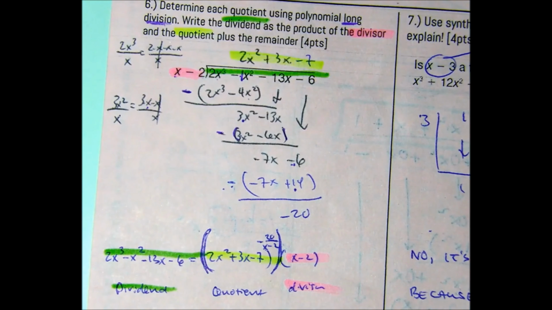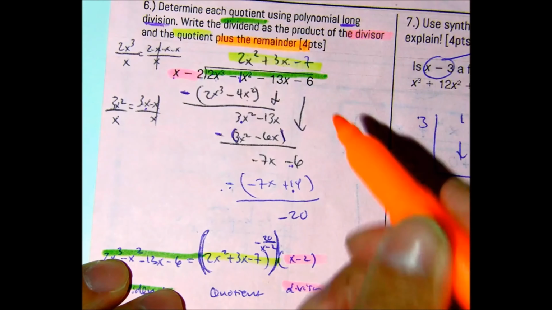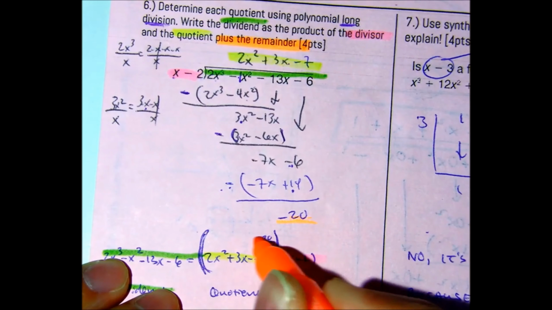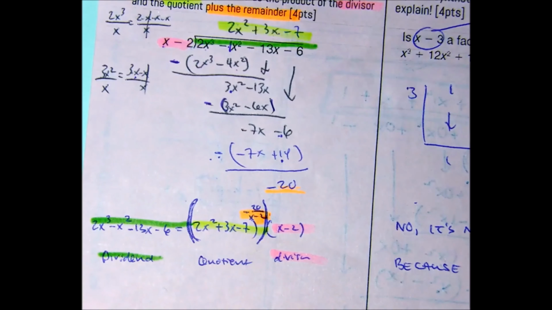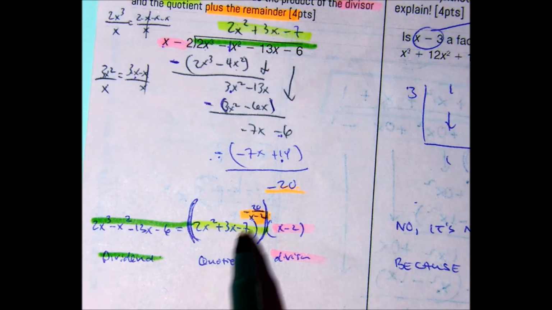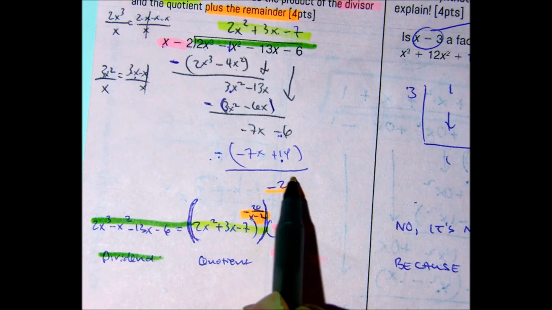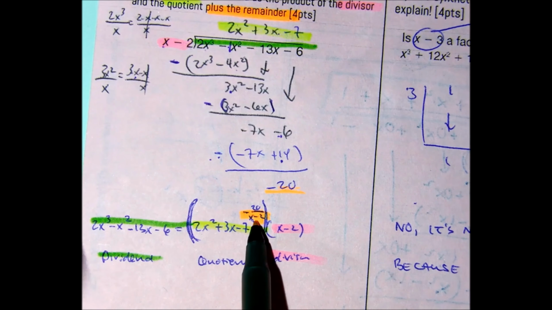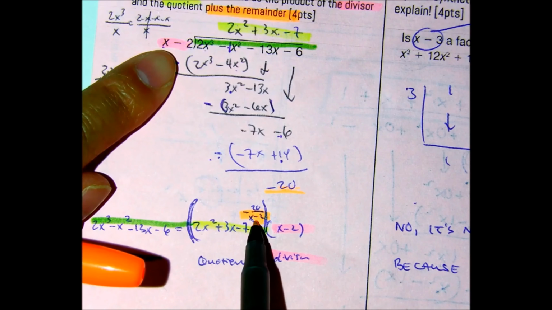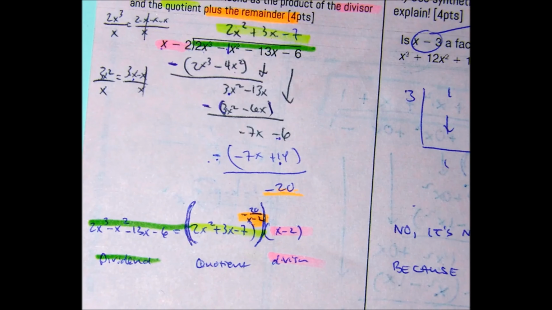Okay. Some of you guys struggled on this part. The remainder in this problem is negative 20. So it goes right there next to the quotient. I ran out of space. So it should read 2x squared plus 3x minus 7, and this is negative 20 over the divisor. And that would be your full credit problem.